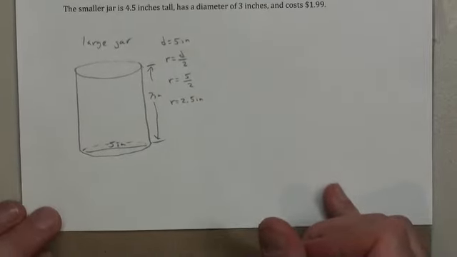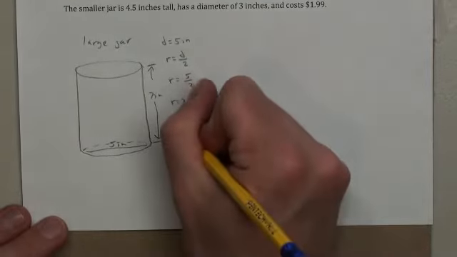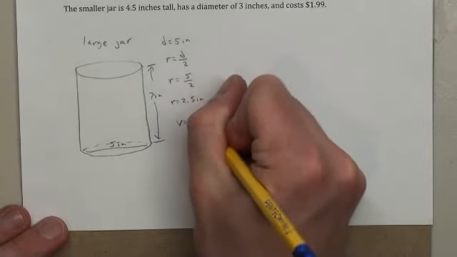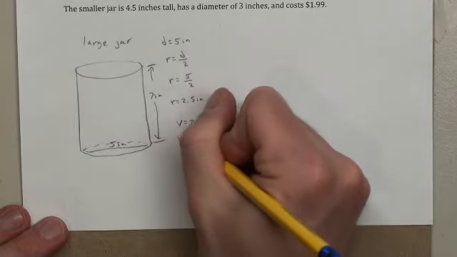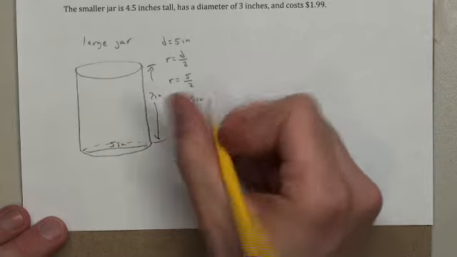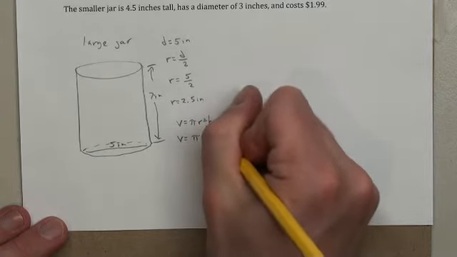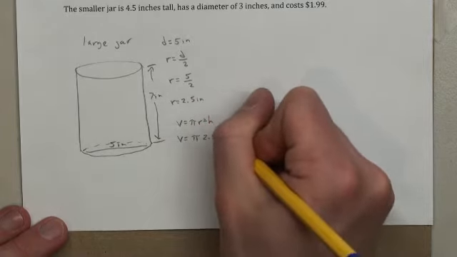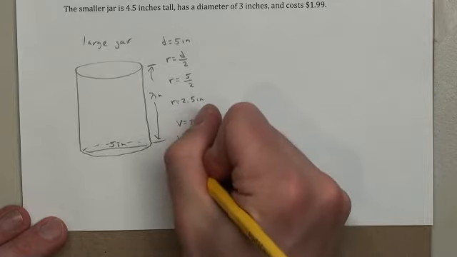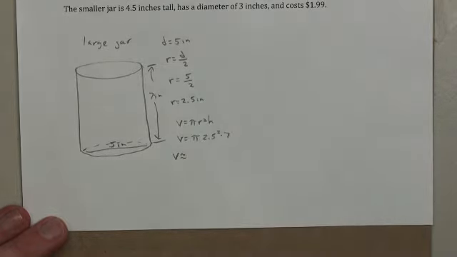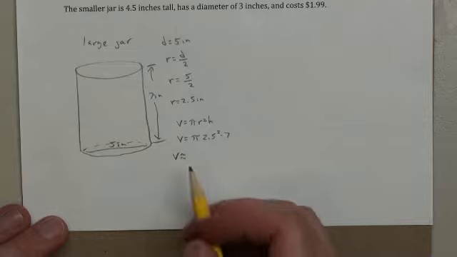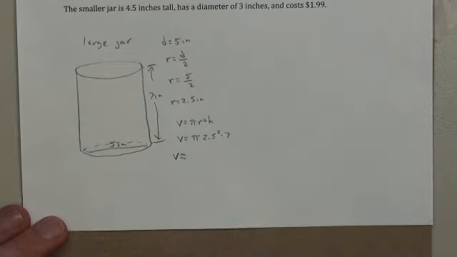Now let's keep going with this. The volume is pi r squared h. So the volume is pi times 2.5 squared times 7.